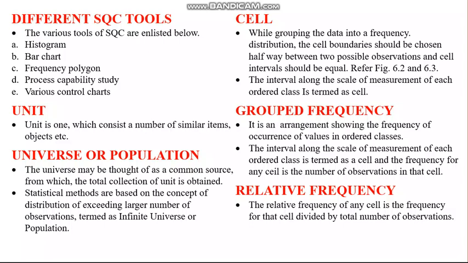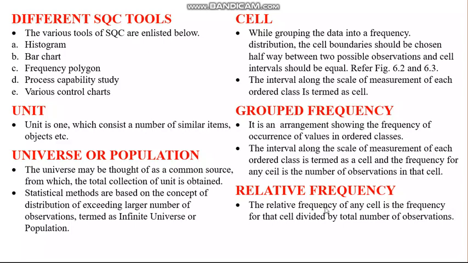Some may have got 40, some 42, 45, 47, 49, or 50. So between 40 and 50, 20 people have got marks. Now this 20 becomes the frequency. That is the grouped frequency: how many are falling in the cell.